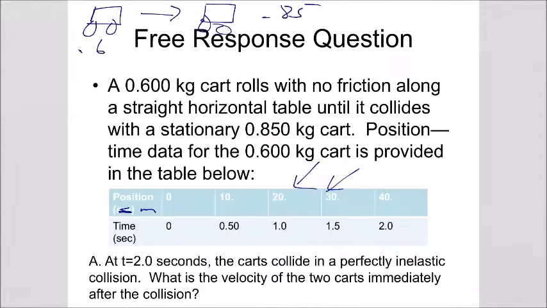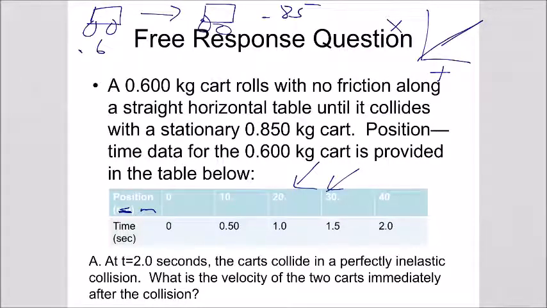All right, so here's what we're going to do. Let's go back to the table for a second. So here's our table. We've got position time data. If we graphed position versus time, I think you'll see we're going to get a line. We know that in a position time graph, the slope of the line gives us the velocity.